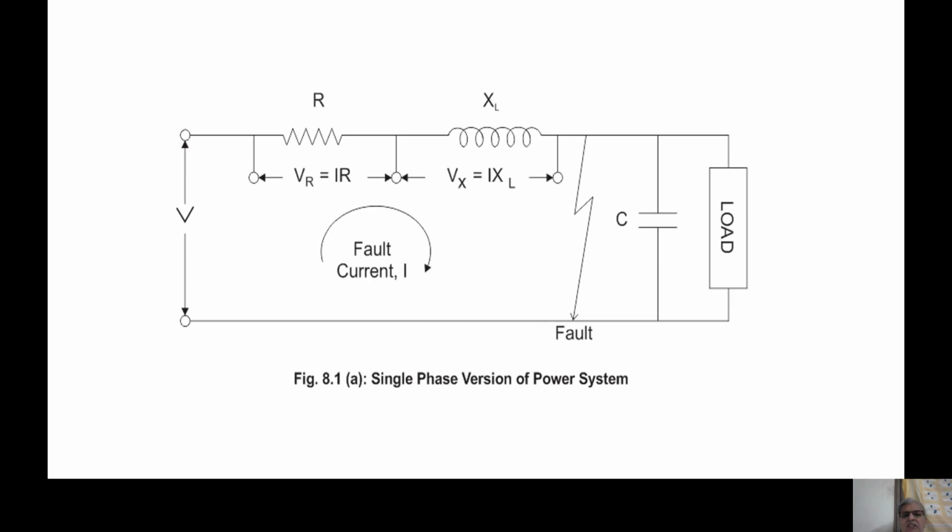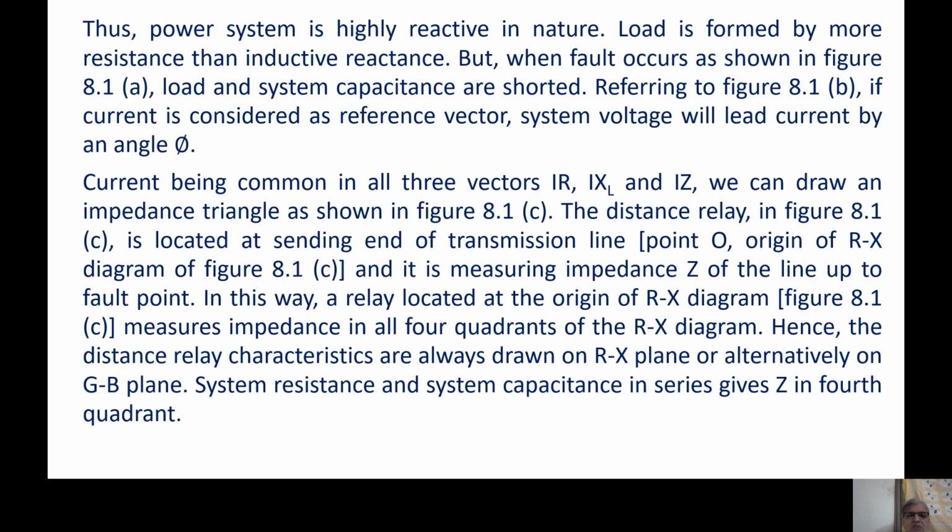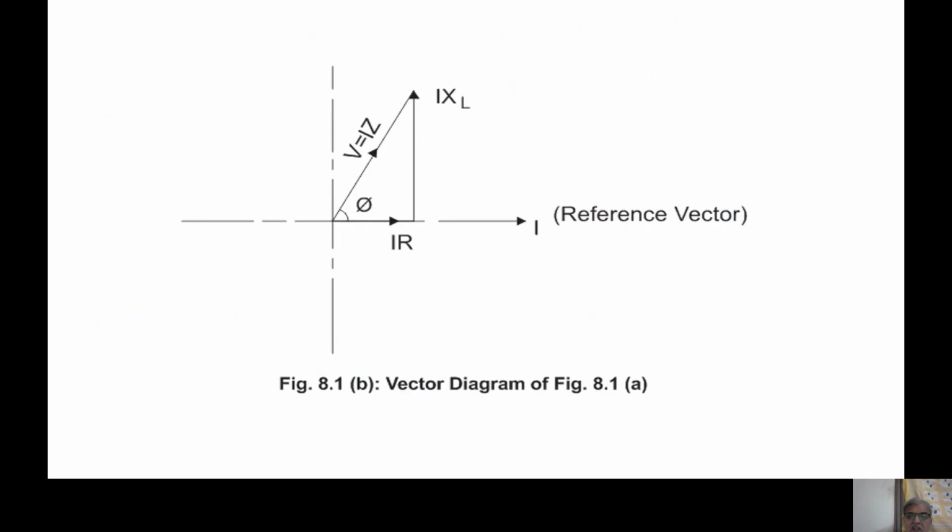In this basic circuit, VR is equal to IR, Vx is equal to IXL, and then there is load and capacitance of the line. But when fault occurs, load and capacitor are gone. So total voltage V by Kirchhoff's law is just IR plus IXL, VR plus Vx. And if I draw the vector diagram for that, it would be like this: IR, IXL, and IZ.